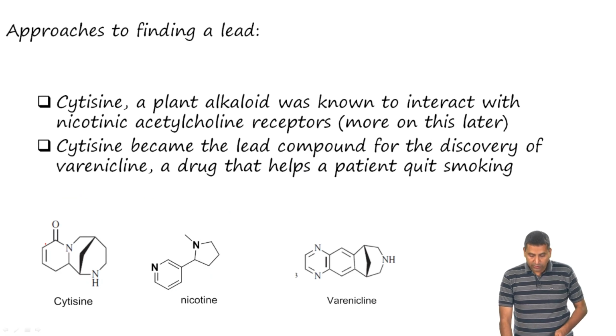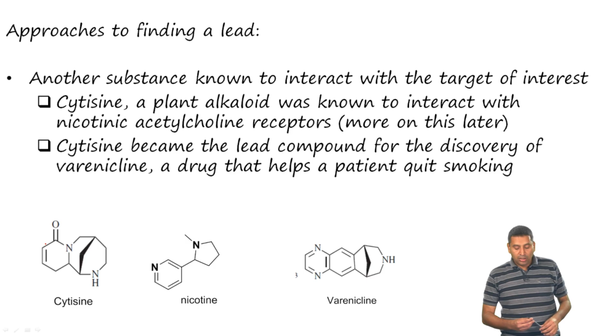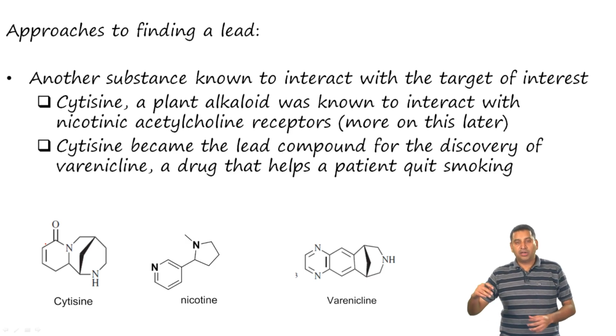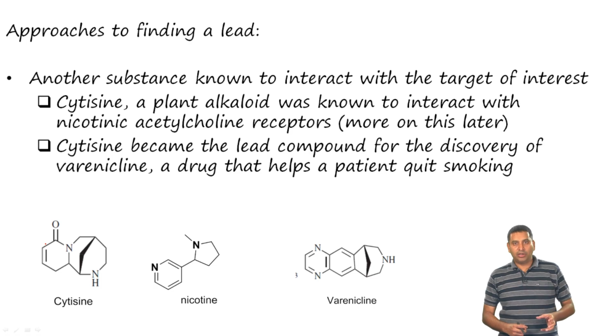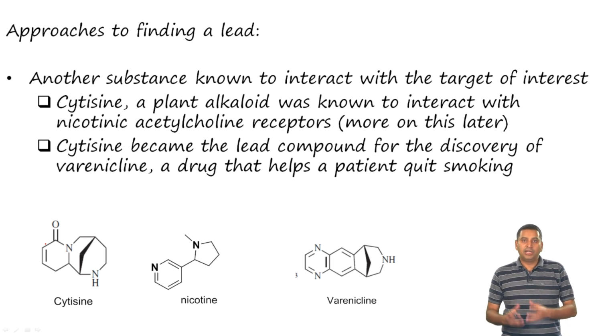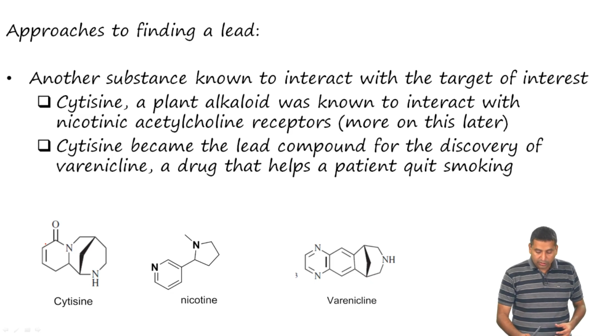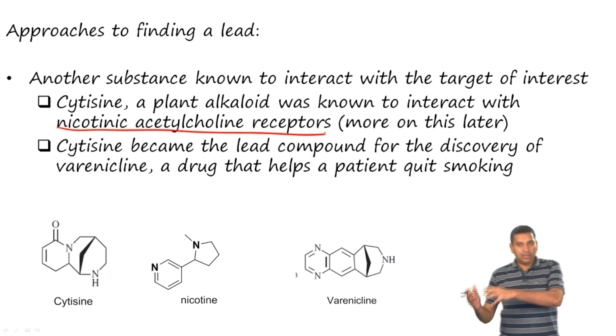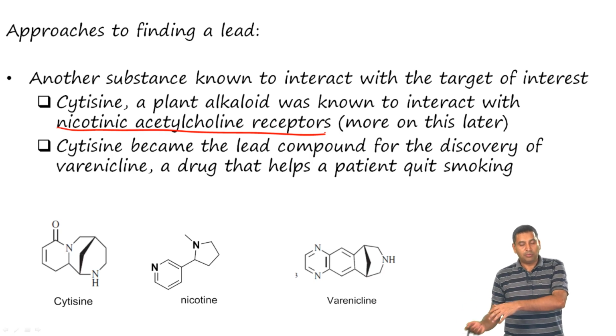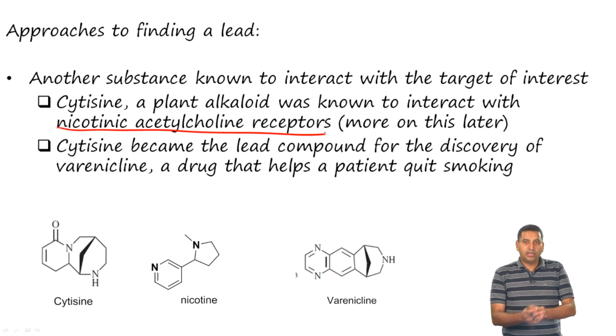The other way to do this is to look at substances which are known to interact with the target of interest. So, here is an example of cytisine, which is a plant alkaloid. An alkaloid is nothing but a set of molecules, which are natural products, and this alkaloid is known to interact with nicotinic acetylcholine receptors. The kind of drug that the company wanted to develop was a drug to help people quit smoking.